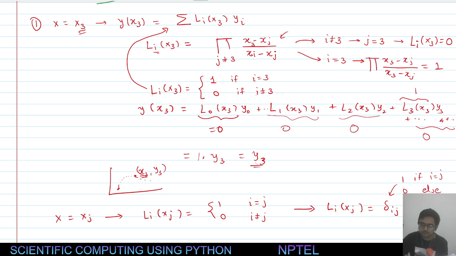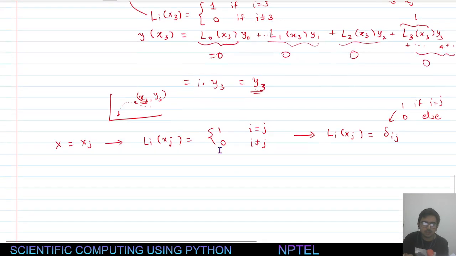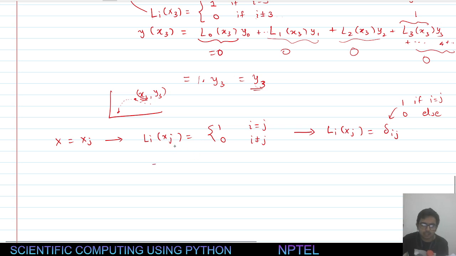Now we can just write y of xj, which is the sum over Li of xj times yi, and this is going to be delta ij yi. What delta does with summation is that it only allows j equal to i.